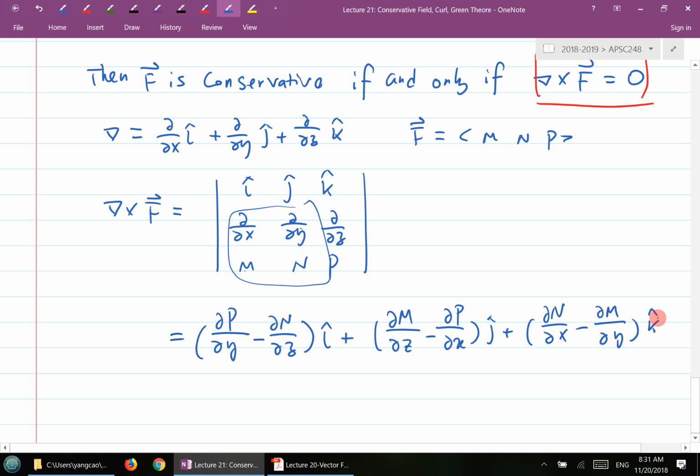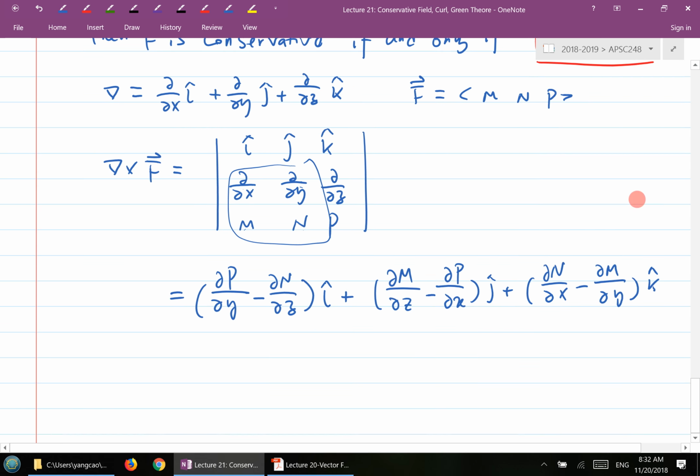Okay, that's the cross. Yes, I already put a negative into the brackets. So the original formula is minus this. Good catch.